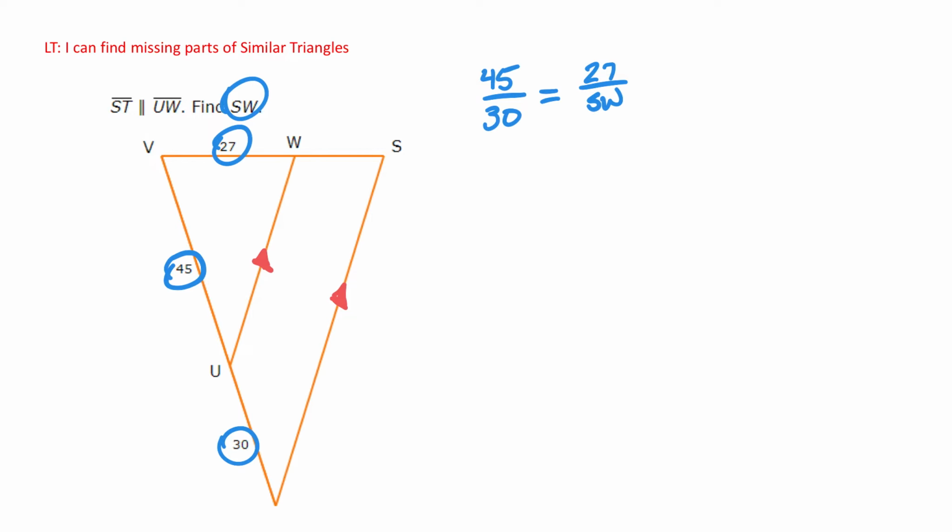That is one proportion we could set up. We could also set a proportion that compares 45 to 27, and 45 is to 27 as 30 is to the unknown SW.